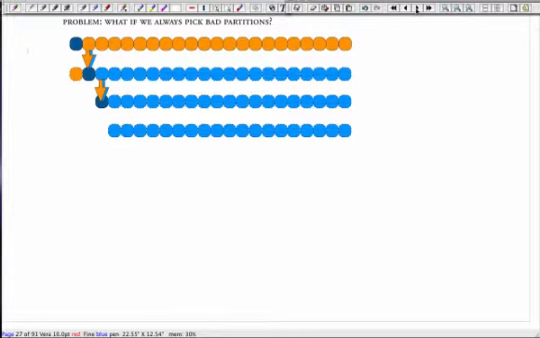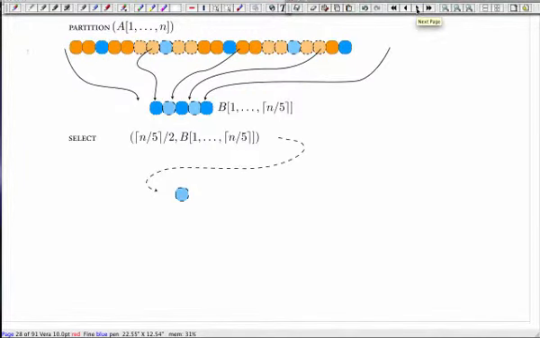We were so worried about it that what we did is we concocted an elaborate scheme whereby we divide the list, we pick the median of this, we create a sublist, we recursively find the median of this sublist, and that also called partition and so forth. There was this elaborate tango type of recursion between selection and partition.